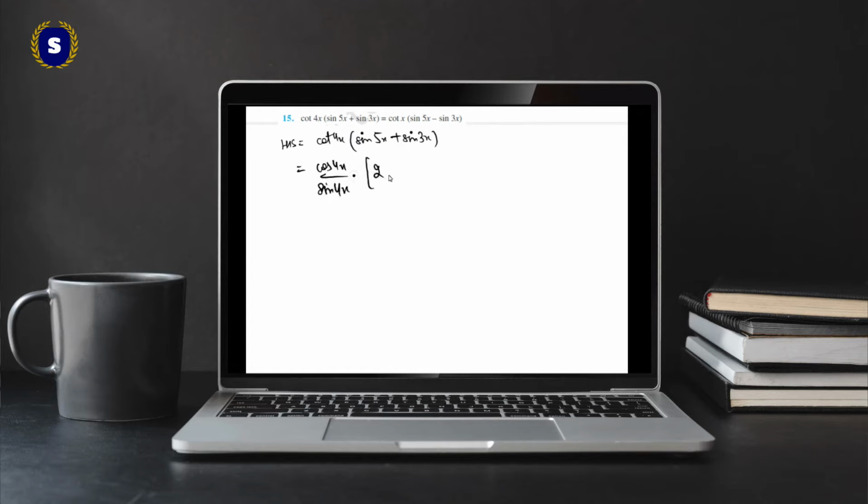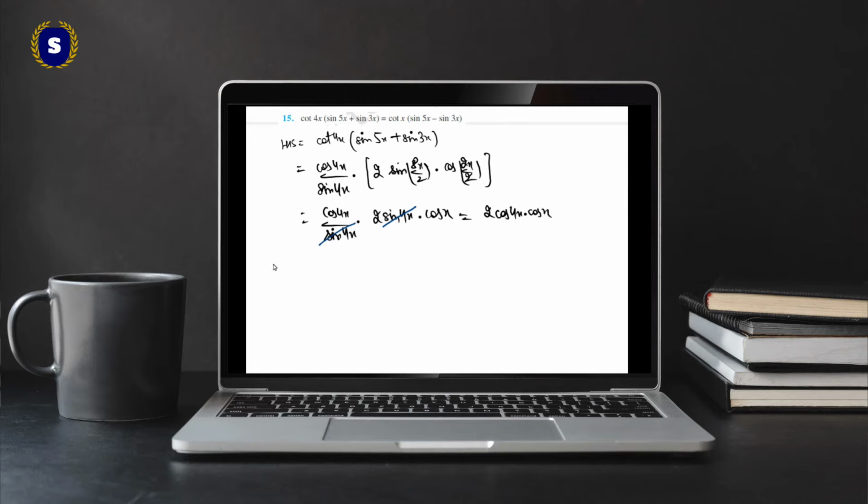Here I'll use the identity of sin A plus sin B, that will be sin A plus B divided by 2 into cos A minus B divided by 2. Right? This will be cos 4x upon sin 4x into sin 4x into cos x. So you can see that these are sin 4x and sin 4x, they will cancel out each other. So it will be forming 2 times cos 4x into cos x.